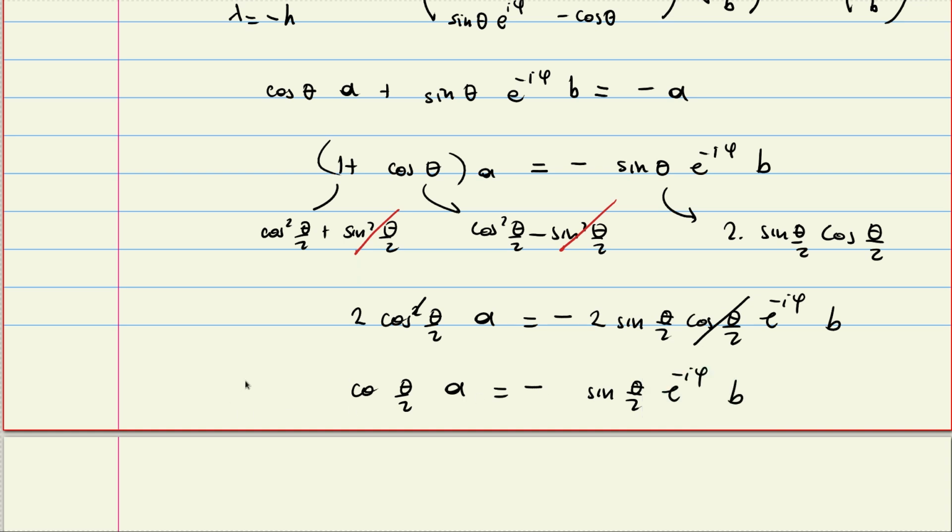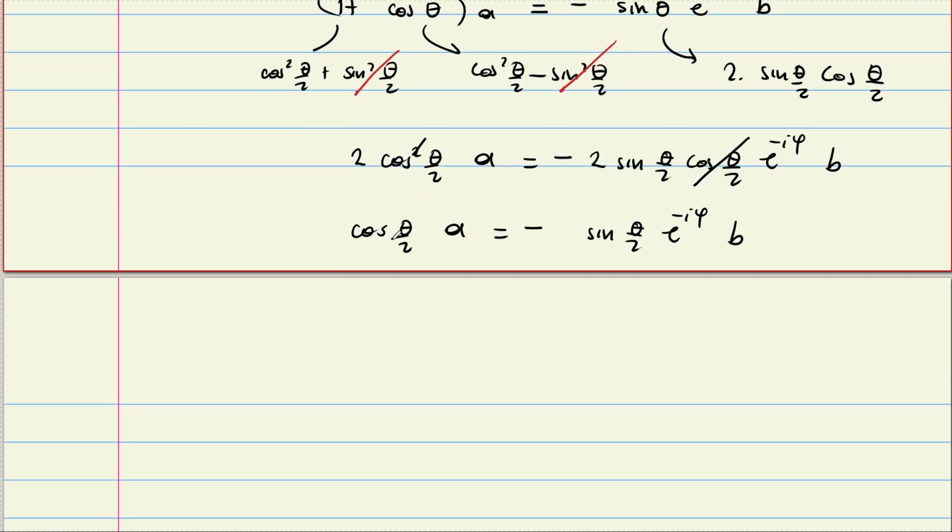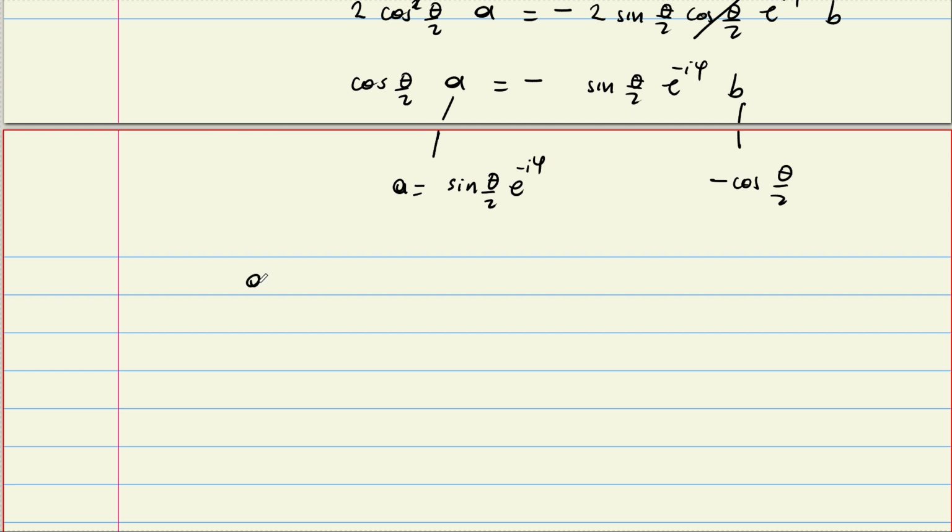And so we want to have normalized eigenvectors, and from here I can see what it should be. So if you choose A is equal to, actually let's choose A positive, it doesn't matter, but let's choose sine theta over 2 e to the minus I phi, and if we choose B equal to minus cosine theta over 2, so these are the eigenvectors, then A, B is going to be sine theta over 2 e to the minus I phi, minus cosine theta over 2.